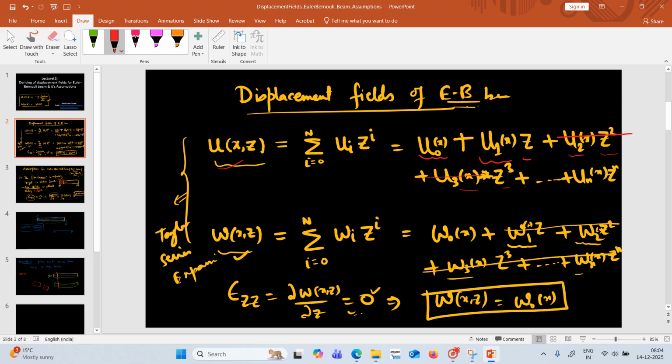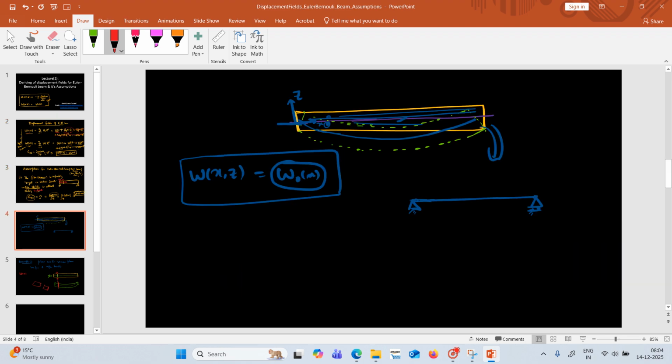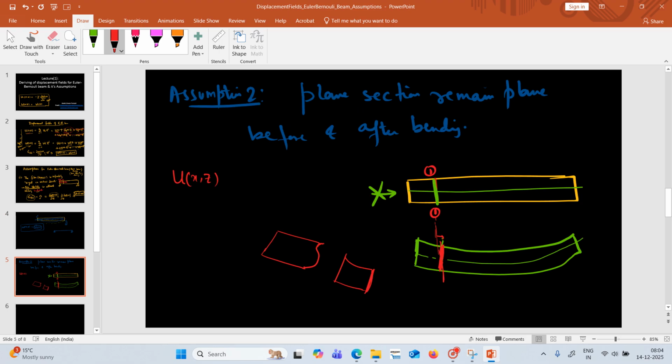So we will eliminate all the higher order terms, and it will be restricted to linear, linearly varying. So plane sections remain plane. So u of x comma z is u naught of x plus z times u1 of x.